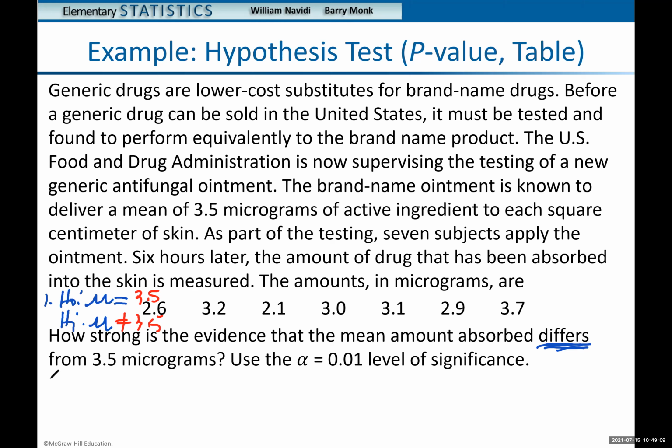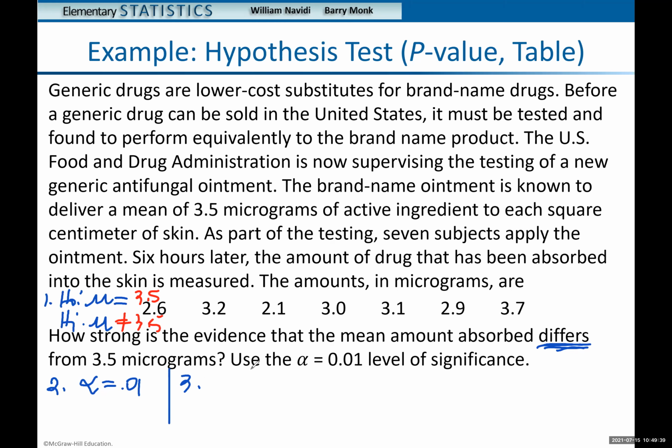Okay. Then step number 2 is the level of significance, alpha, 0.01. Whatever the given, if it's given, you just have to copy 0.01. That's 1 point. Then step number 3, you have to use t-test.